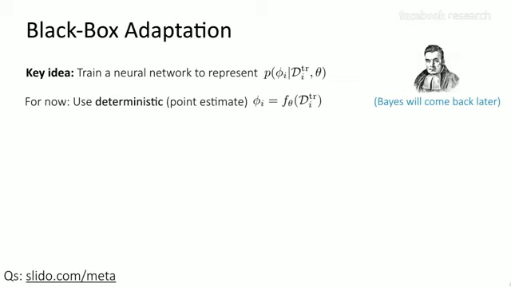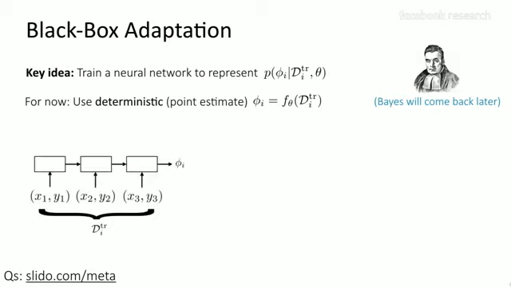OK, so how do you actually try to design a neural network to do this? Well, one thing you could do is you could use a recurrent neural network that takes in data points sequentially and produces a set of parameters phi. And so this recurrent neural network in this case will be representing f theta. And then we'll take the outputted parameters, use those parameters for another neural network that's going to make predictions about test data points.